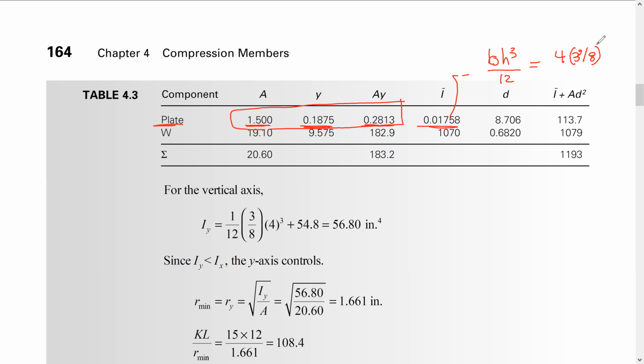So 3/8 cubed divided by 12, which is going to be this much, 1 inch to the power 4. And D is the distance between the two centroids: the centroid of the cover plate at the top and the centroid of the whole shape. And this one is going to be Y.